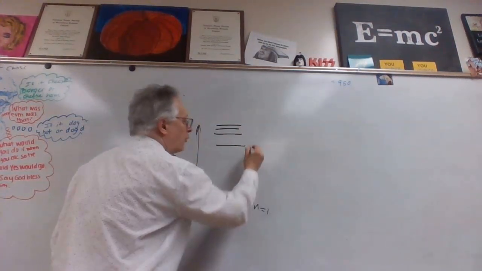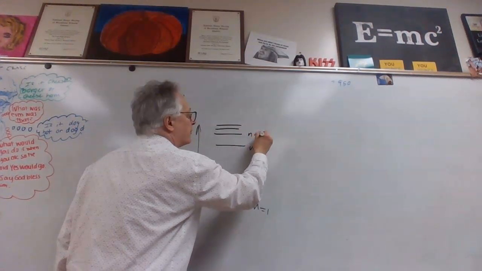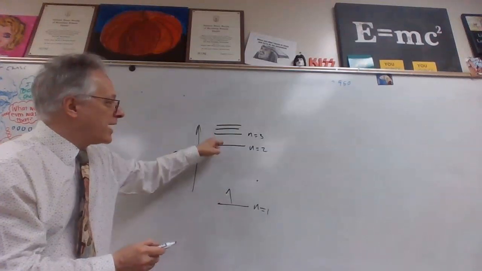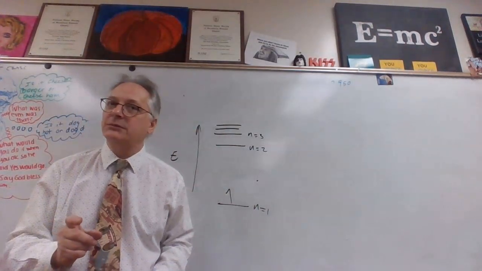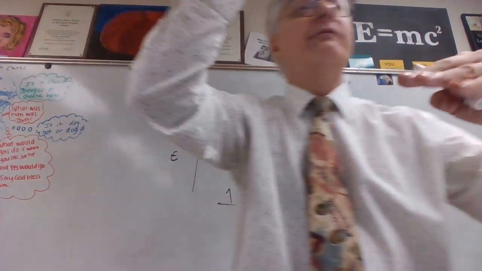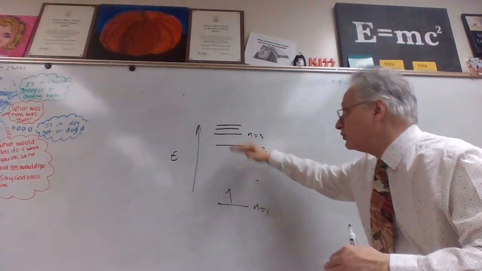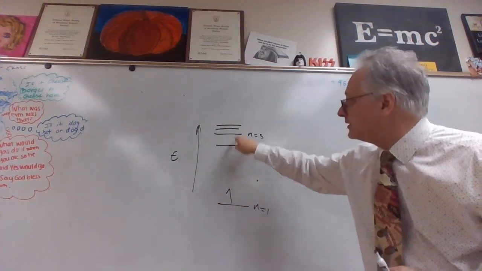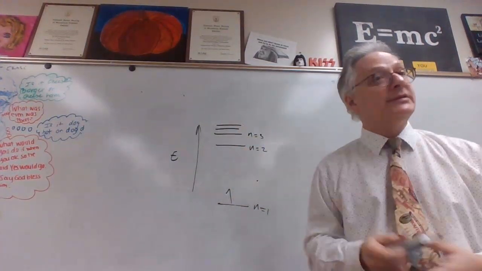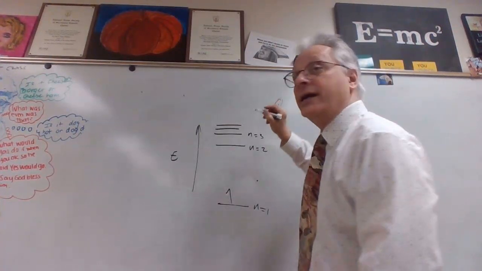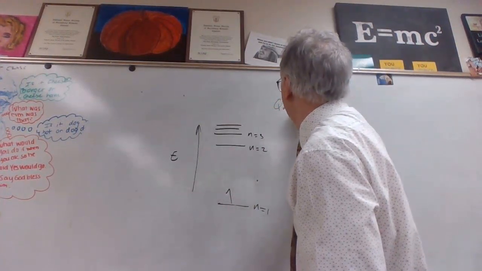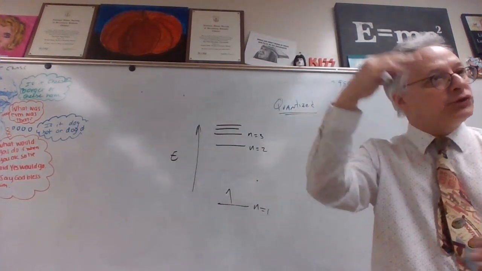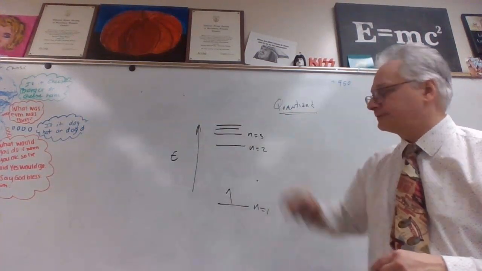And we called this n equal 1, n equal 2, n equal 3, etc. And we said, hey, electrons can transfer between these energy levels, but they could only go between very discrete energy levels. You can't have an electron going from here to somewhere in between. They had to go just to these levels. So energy then is what we said was quantized. They could only take on certain values. Quantized. That means only certain values are available for these electrons.